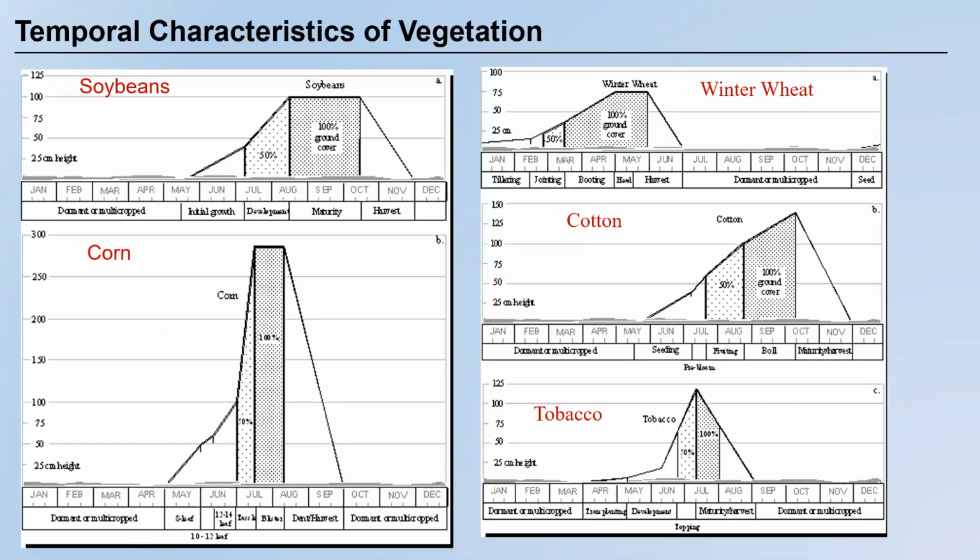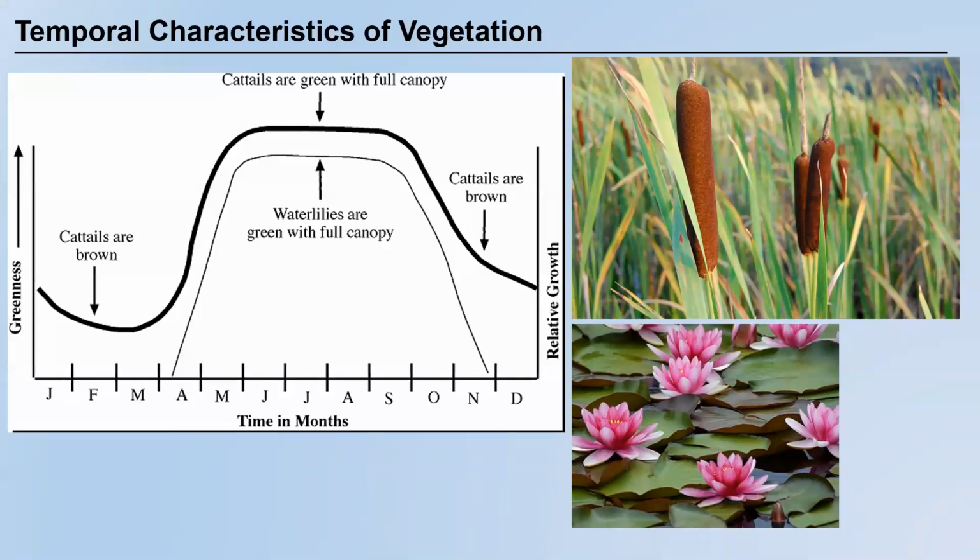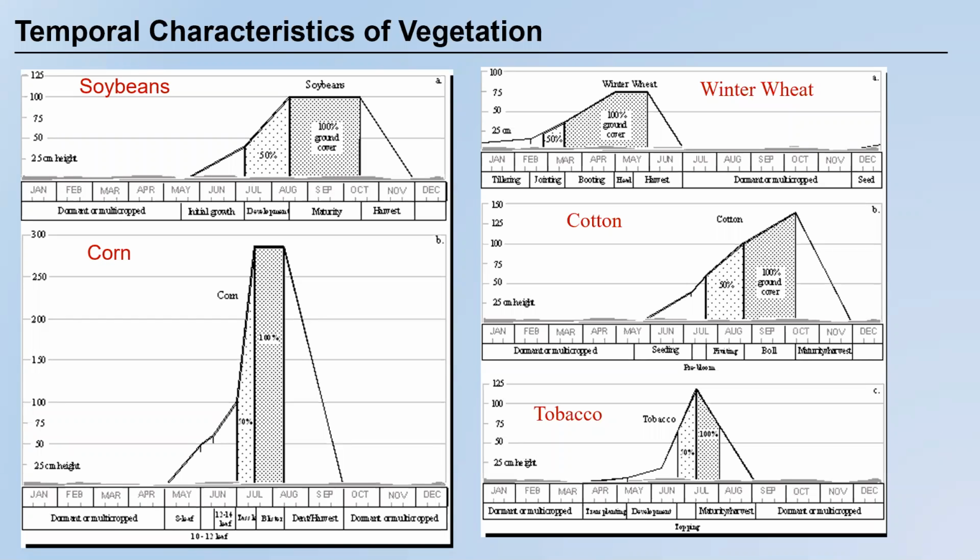So when you're doing research with remotely sensed data and you care about a specific species of vegetation, you should find or figure out the life cycle of it, just like this, to find out the proper timing to address your topic. These figures show you the height of a plant in different months of a year.